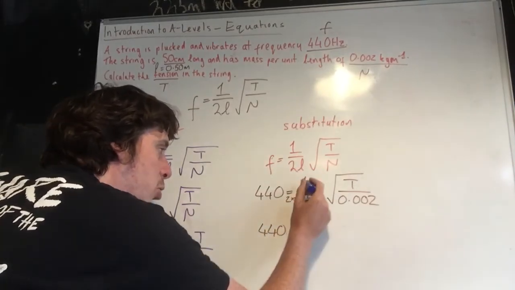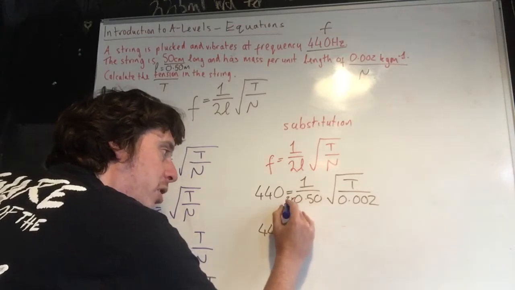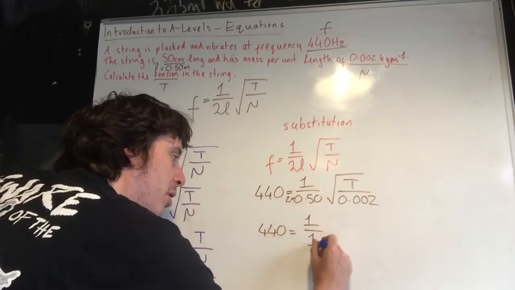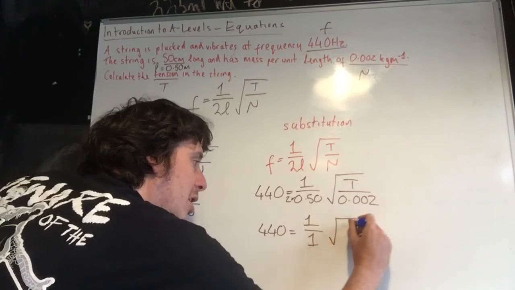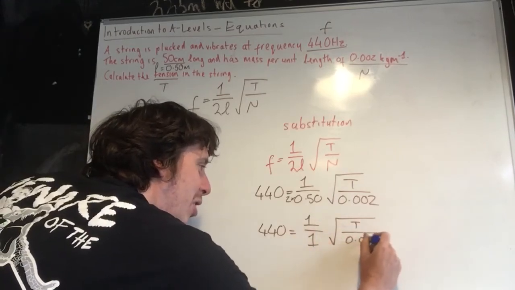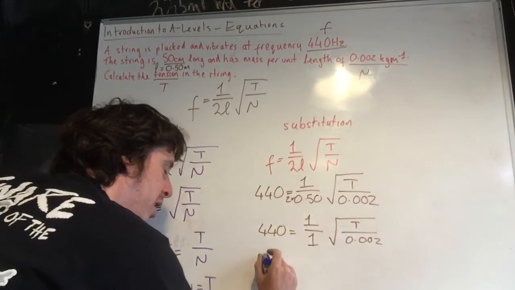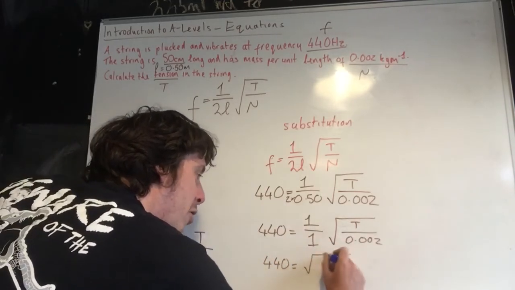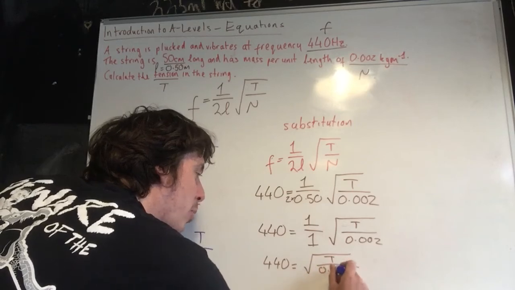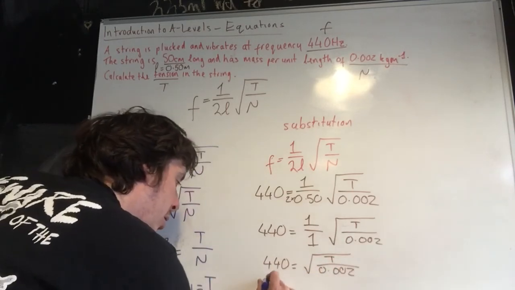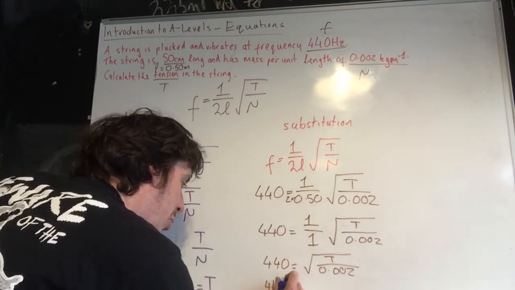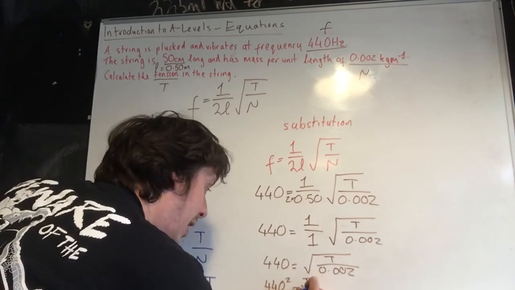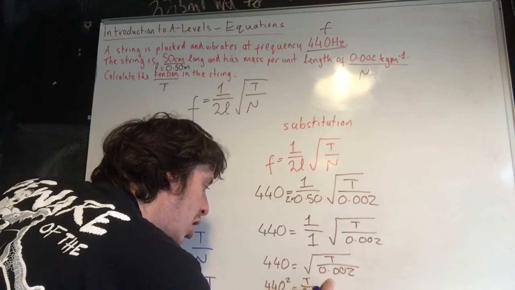Okay, so let's sort this bit out first. 440 is equal to 1 divided by 1, because 2 times 0.5 is 1. Well, that can disappear, 1 divided by 1 is 1. So 440 is equal to the square root of T divided by 0.002. 440 squared is equal to T divided by 0.002.